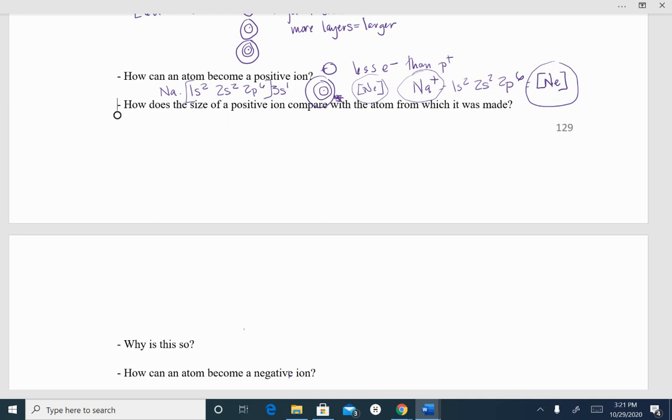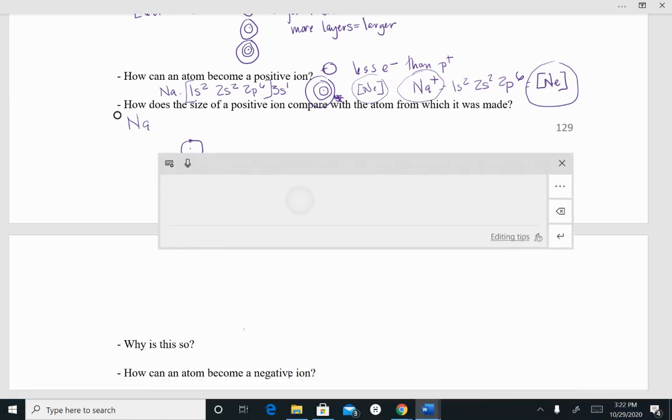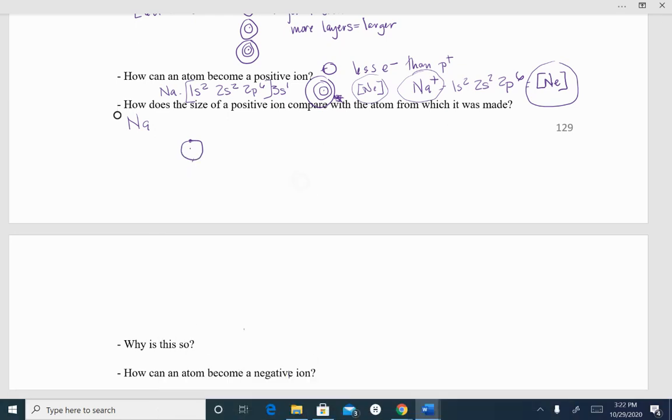Let's look at sodium as it is, and we're going to draw the Bohr model. I have my 1s electrons, my 2s electrons, my 2p electrons, and then my 3s electron.